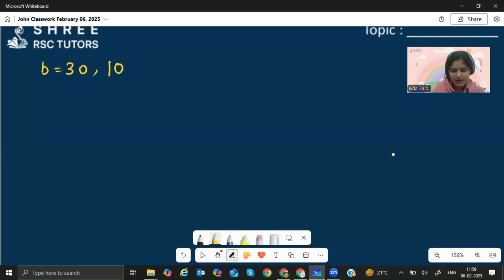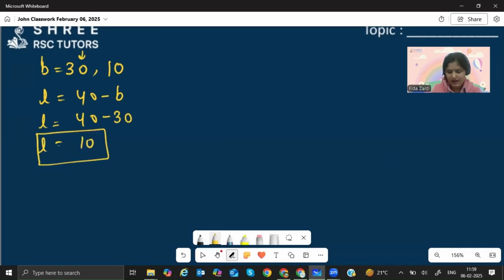B is 30 and 10. And now we have to find the value of the L. L is equals to 40 minus B. So first you will put the value of B. B value is 30. So 40 minus 30 is equals to 10. L value is 10 when B is equals to 30.